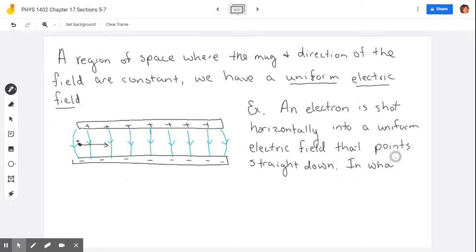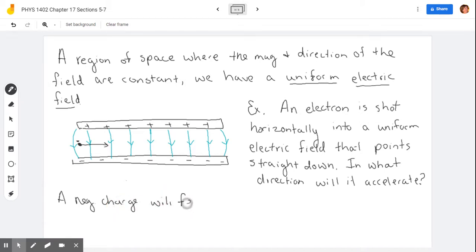In what direction will it accelerate? Well, let's think. The acceleration is going to be in the direction of the force. If you have an electric field that points down, a negative charge will feel an upward force.